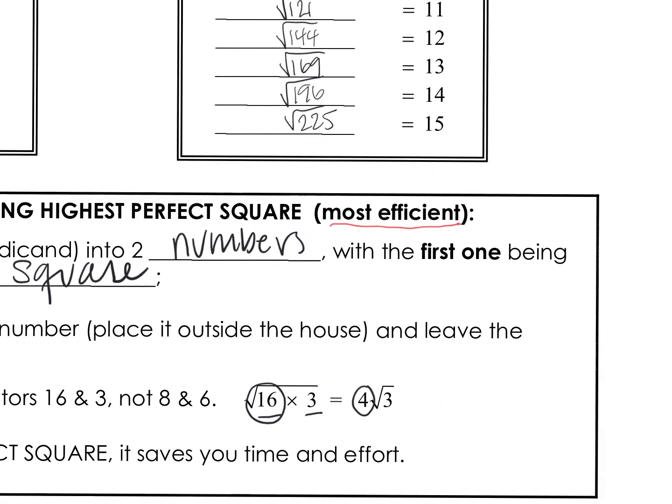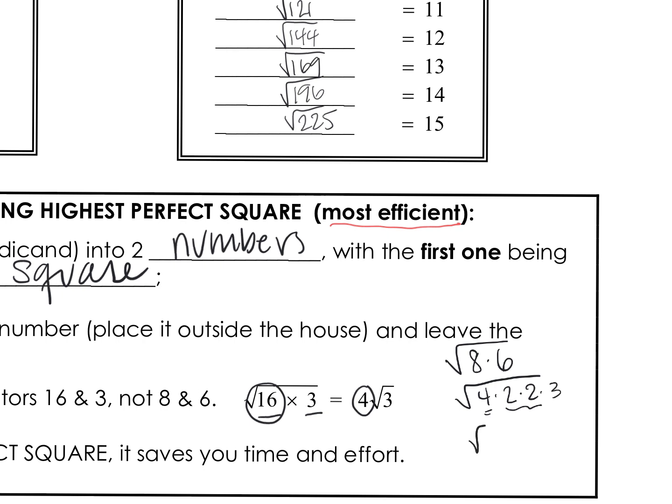Now, if you didn't recognize that root 48 had a perfect square of 16 in there, maybe you weren't thinking, and you got 8 times 6. Well, you can still get to the same answer. I know that 8 is 4 times 2, and that 6 is 2 times 3. So I have a root 4, but I have another one here as well.